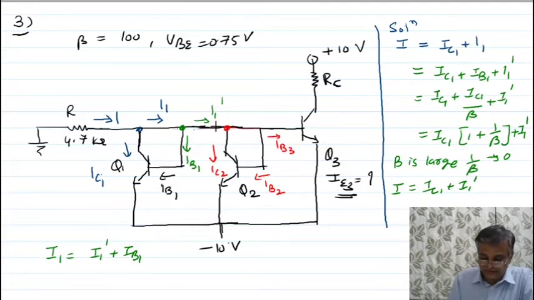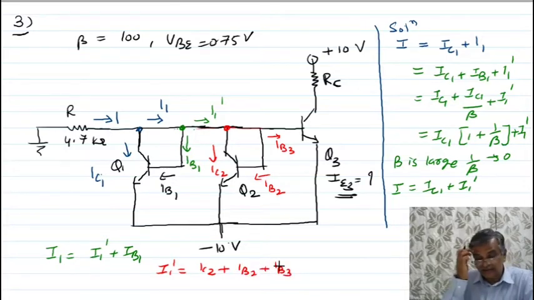So I1 dash is equal to IC2 plus IB2 plus IB3. You can see here, I1 dash is equal to this current plus this current plus this current. So I1 dash is equal to IC2 plus IB3 plus IB1.